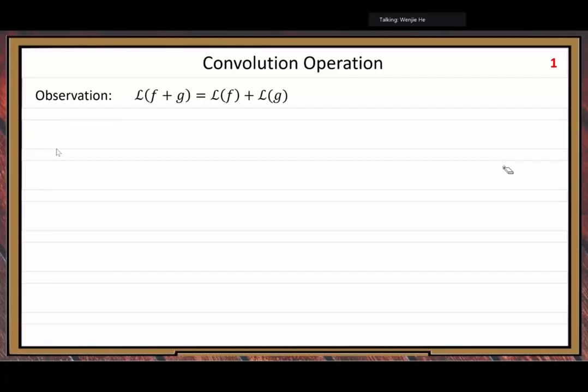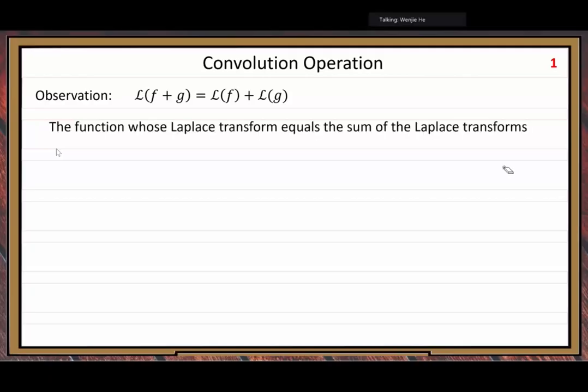First, we know the Laplace transform definition uses an integral, right? The integral operation has the linearity property. So based on the linearity property, we have this simple property: the Laplace transform of the sum of two functions equals the sum of the Laplace transforms.